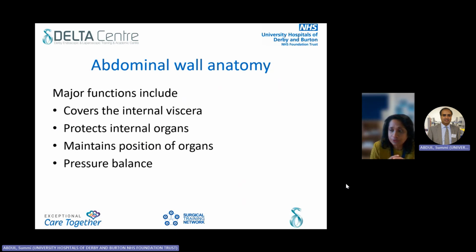It maintains the position of the organs, and when we talk about things like symptomatic prolapse or bladder dysfunction, it has a role in the pressure balance that affects the functioning of valves.